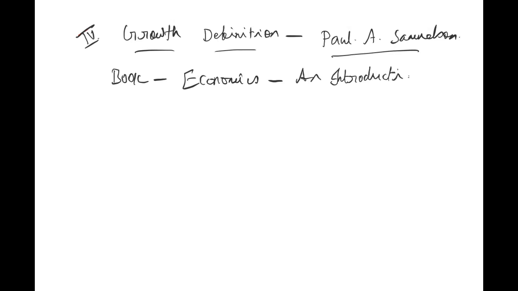This was one of the best-selling economics textbooks, and he also won a Nobel Prize in 1970, the first American to win a Nobel Prize in economic sciences. He gave his own definition, which is called the growth definition. Once I explain the definition and its features, you will understand why his definition is called the growth definition of economics.